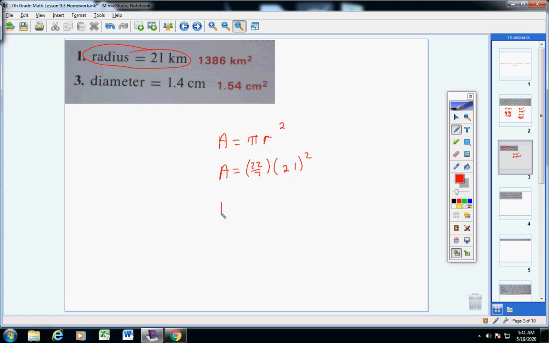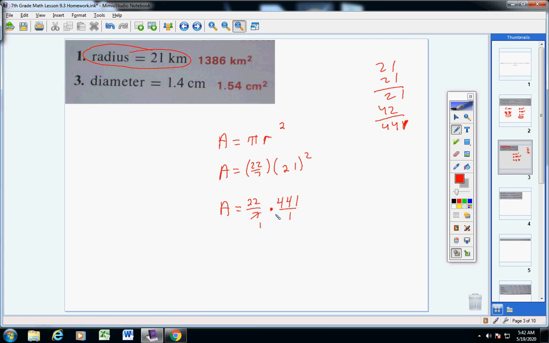So let's square the 21, and we get 441 over 1. So 21 squared is 441.